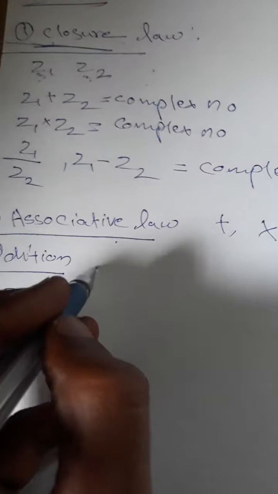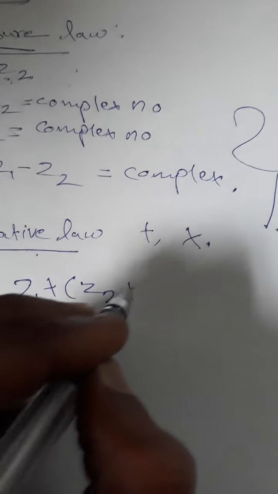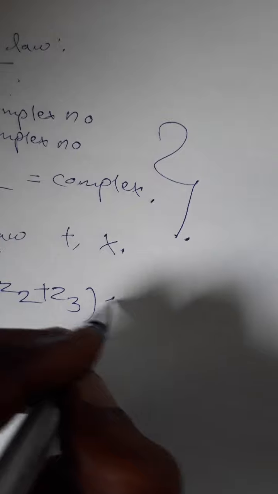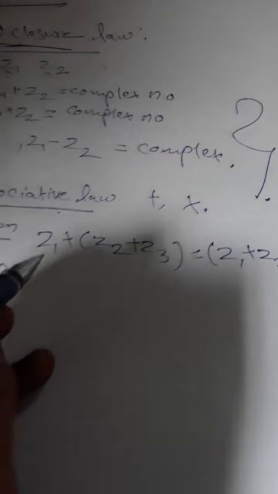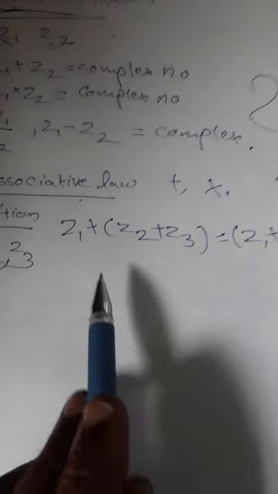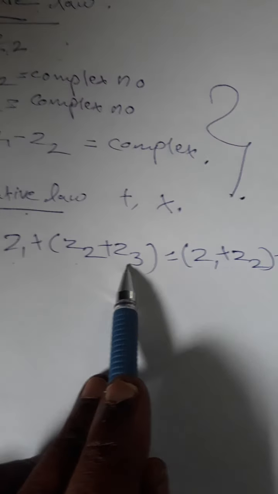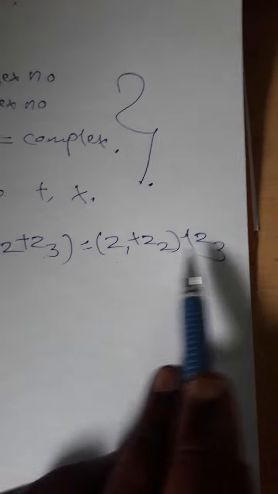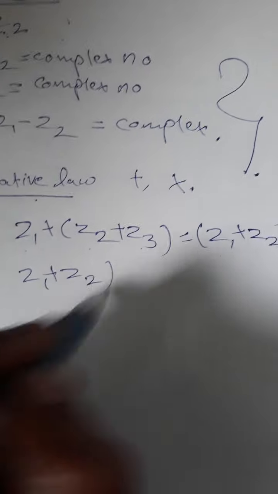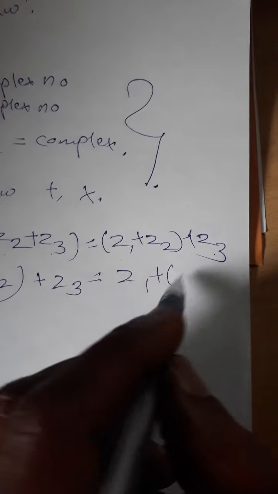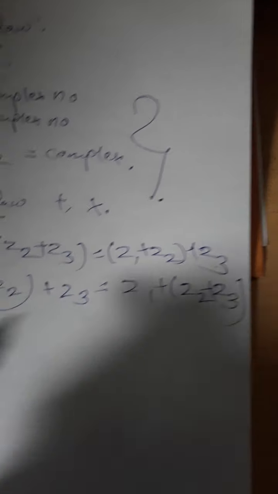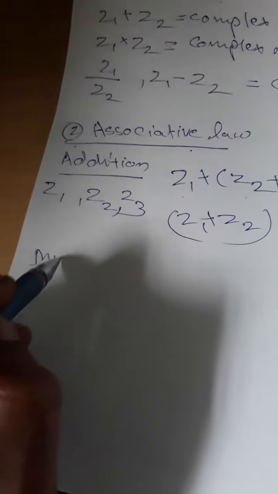Then remember, (z1 plus z2) plus z3 will be equal to z1 plus (z2 plus z3). This will hold good. While solving the examples, we will be seeing all these properties.